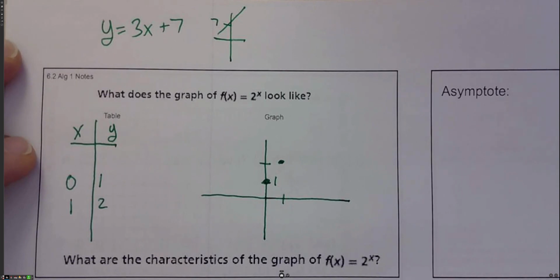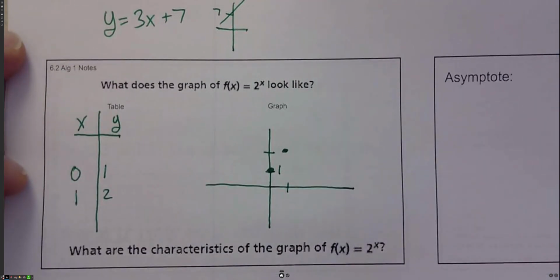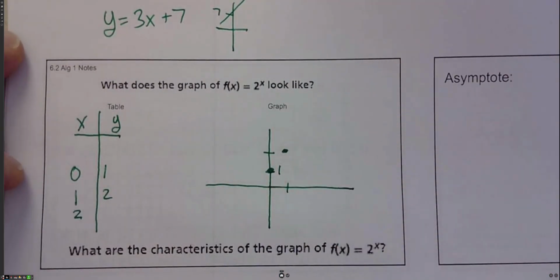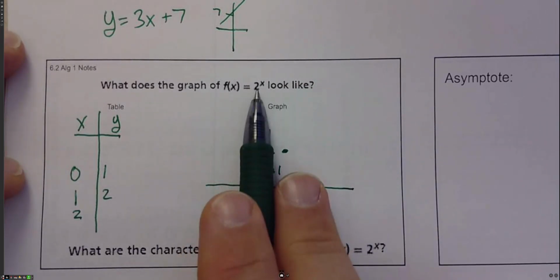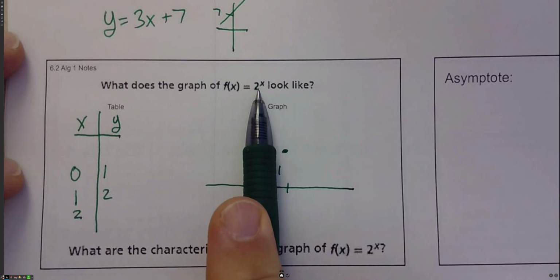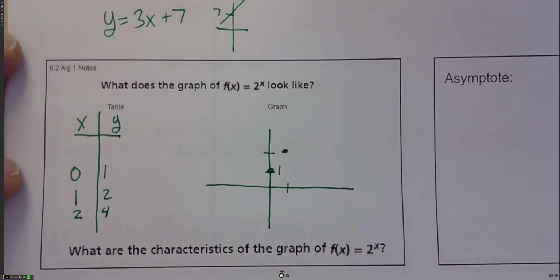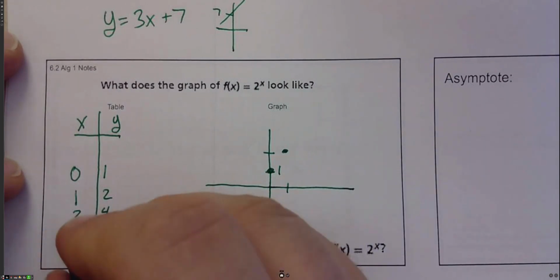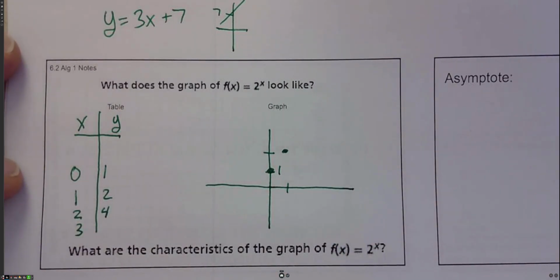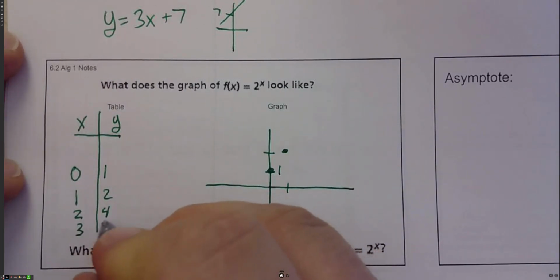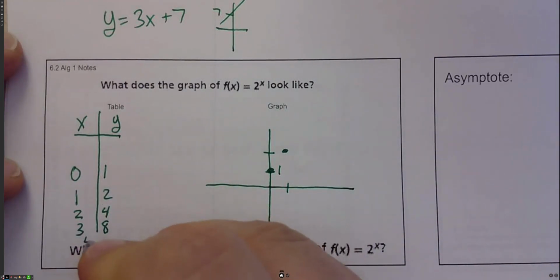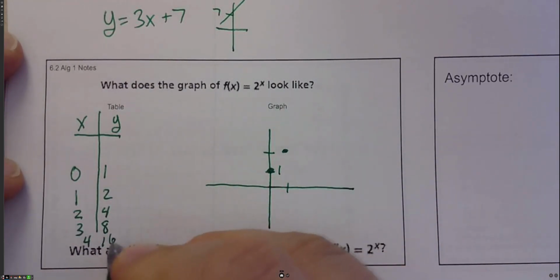Let's talk about what's going to happen to this thing. 2 to the second power is 4. Then 3 is 8, and the next one, 4, is 16.